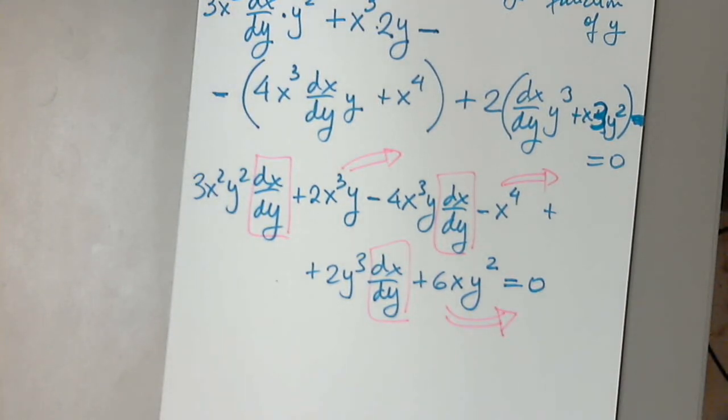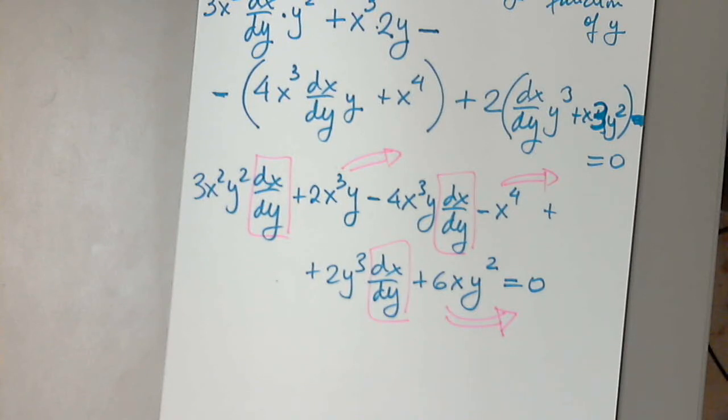Yes, Hans, go ahead. So why do you stick the dx over dy at that specific place? You mean instead of writing x prime? No, but when I do a product rule, I don't put in dx over dy. I still can get the answer, but when do you put it in? When I use this differentiation, I always use dy over dx.